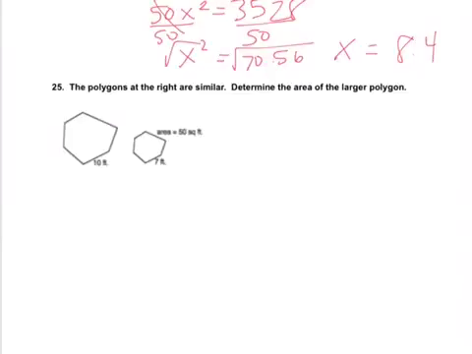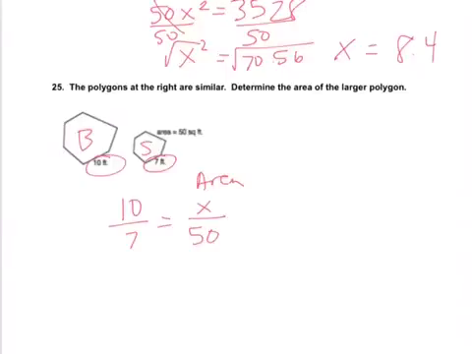Number 25 is similar. So you're going to take your big, I always do big over small, or whatever one comes first. So I'm going to say my side length is 10/7 equals area of my first one, which I don't know, over my second one, which is 50. So since this side is an area, which means it's squared, we need to square this side.